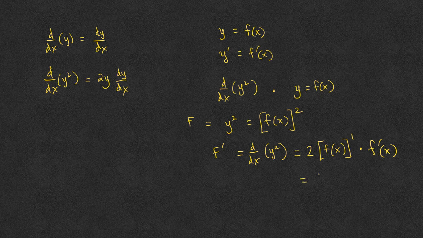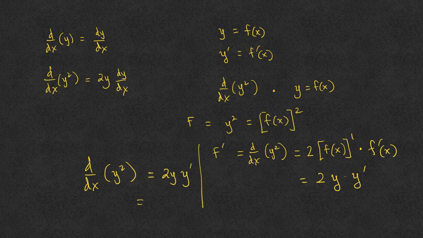But this is 2, f of x is y, and f prime of x is y prime. And this shows that the derivative of y squared with respect to x is 2y times y prime, or 2y dy dx.